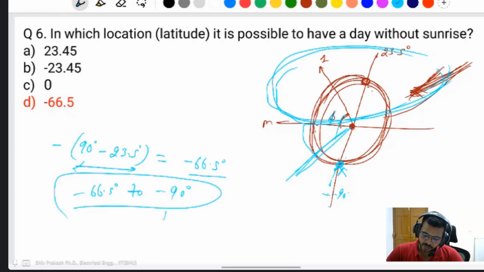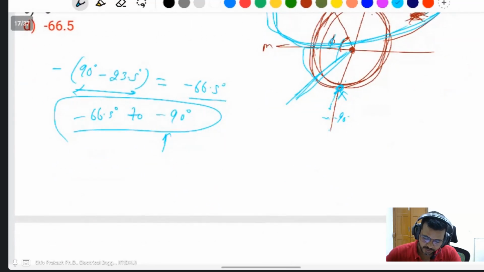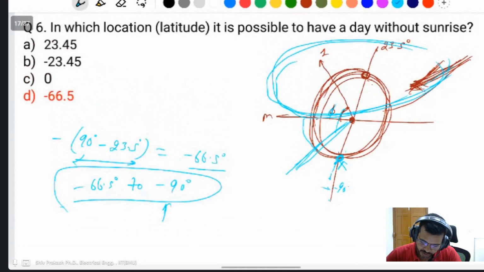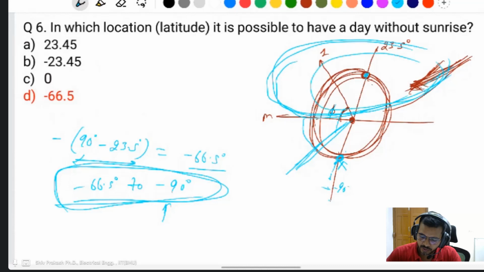At that location the sun does not rise. Minus 66.5 to minus of 90 degree. This will be 0 degree, 23.5 degree. You can see this will be a sunrise because this will be the upper side of the Earth. The bottom is the negative of this one.